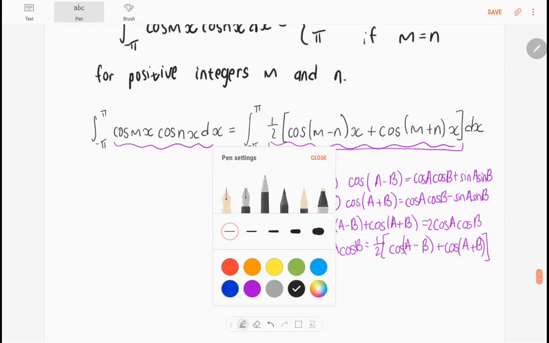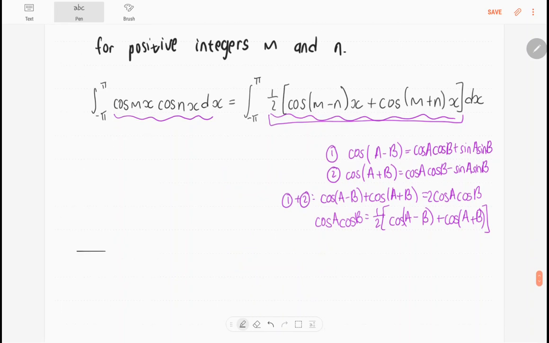Now we are going to look at the case firstly where m is not equal to n. Then we are going to work out the integral of both of these parts. So we are going to have a half, then the integral of cos of (m minus n)x, which is sin of (m minus n)x divided by m minus n.